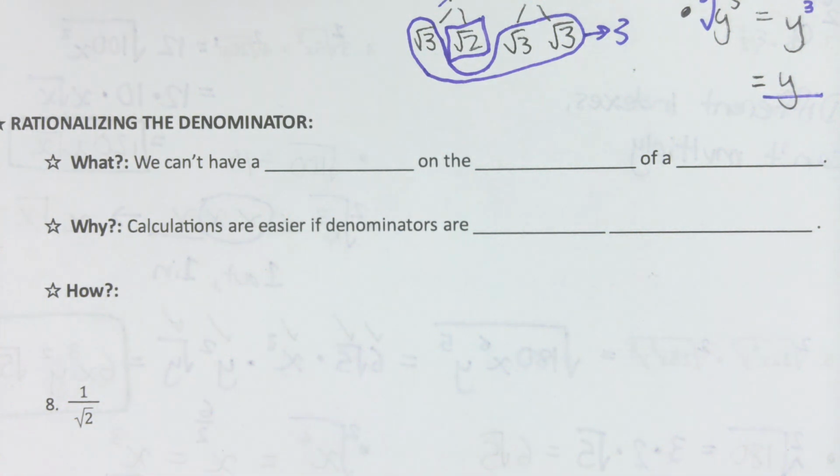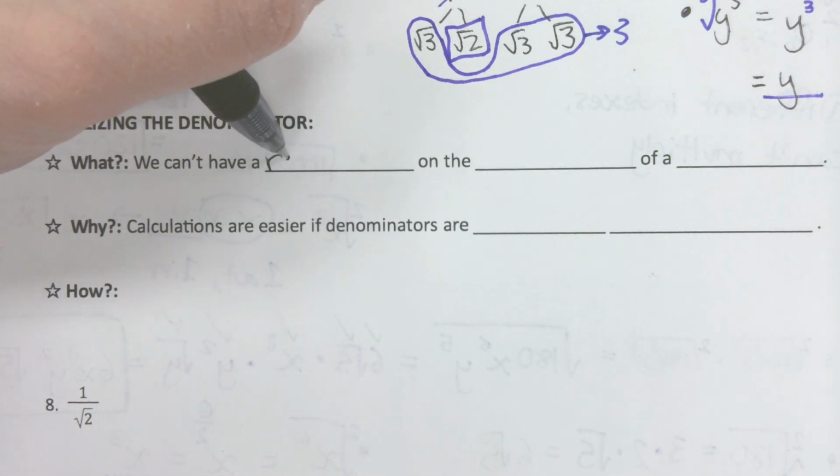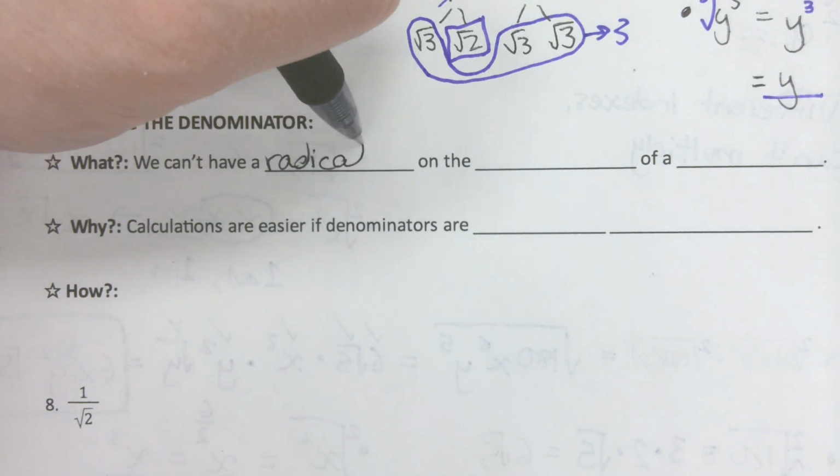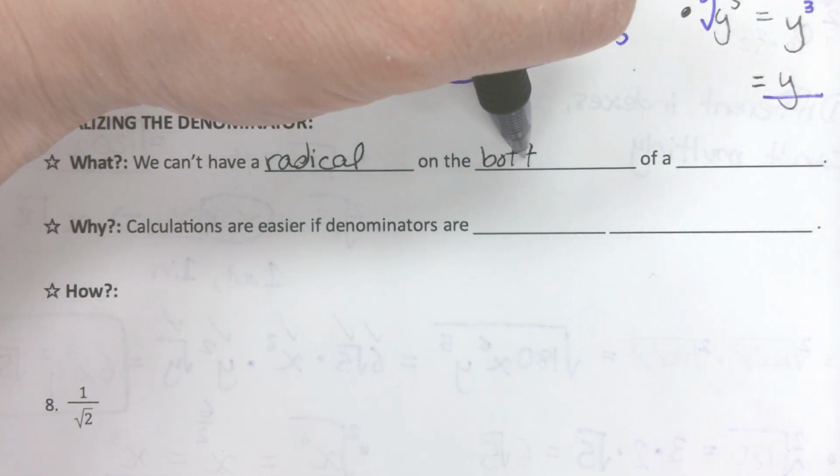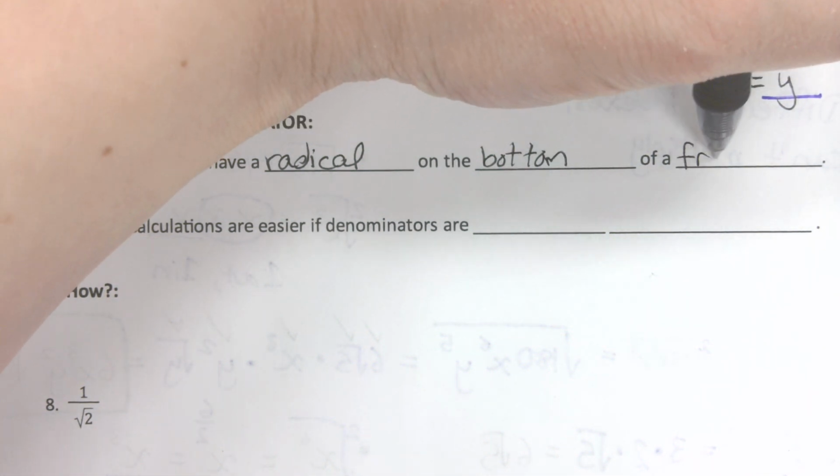What is rationalizing the denominator? The what behind it, we can't have a radical on the bottom of a fraction.